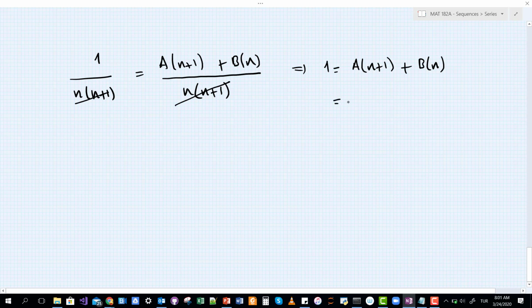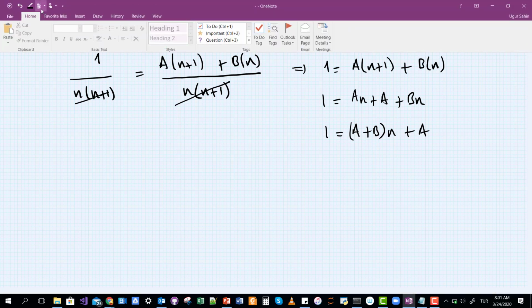I will continue by grouping the common terms. If you notice, I have A plus B times n plus A, and then on the left-hand side I have 1. From this polynomial equation, I can think in this way, right?